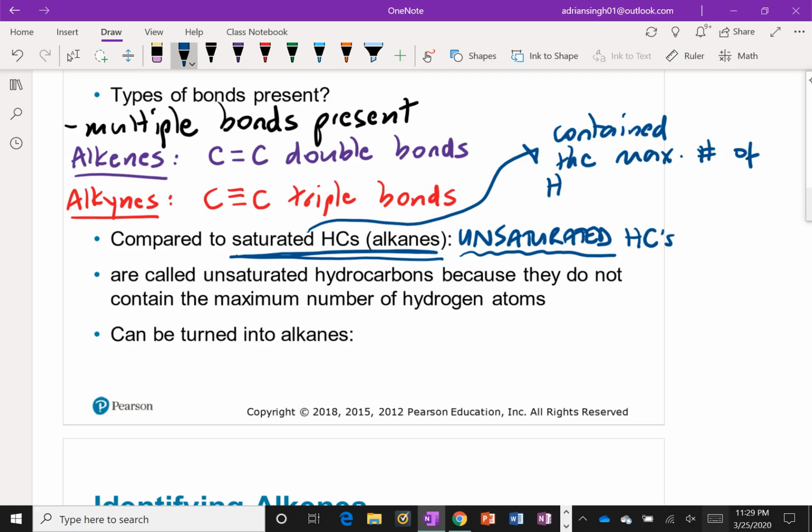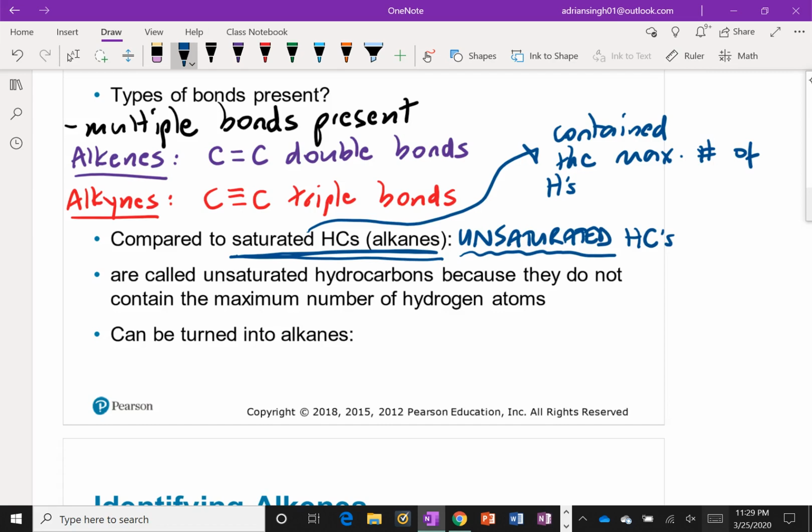So they were saturated with hydrogens, in other words, in the compound. When you have these double and triple bonds, that means you have an extra bond, or an extra two bonds, between the carbons that could normally be taken up by a bond to hydrogen. So we say that they're unsaturated.